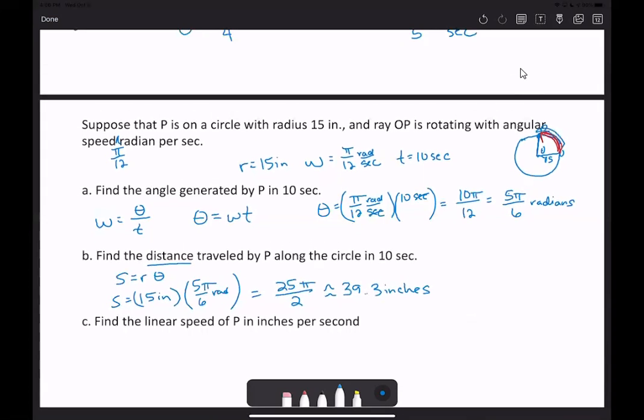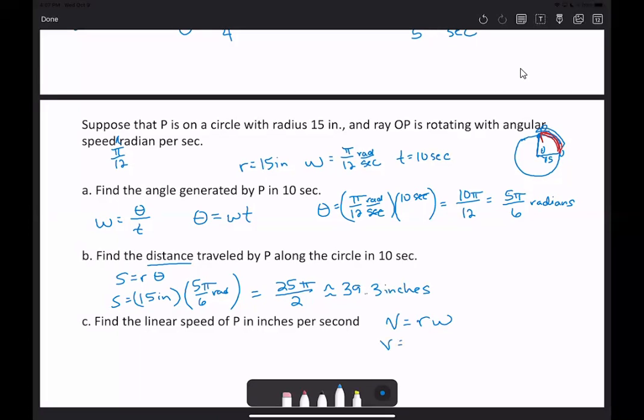The last part here is to find the linear speed of P. So here we want v, the velocity. We can use several of the formulas, but the easiest one here is v equals r times omega, because it's just multiplication.